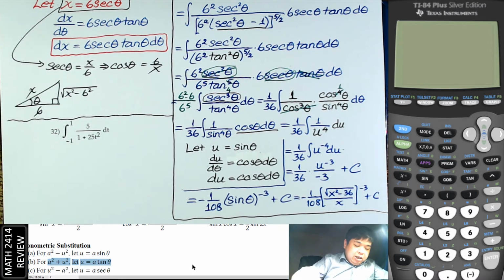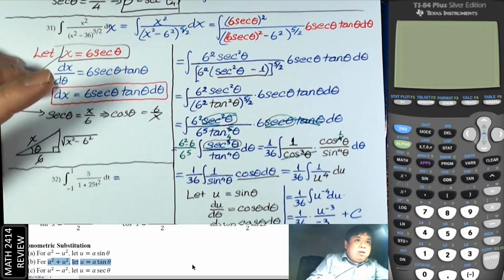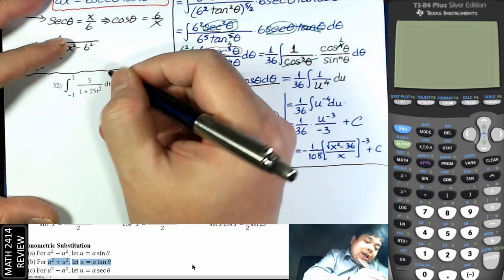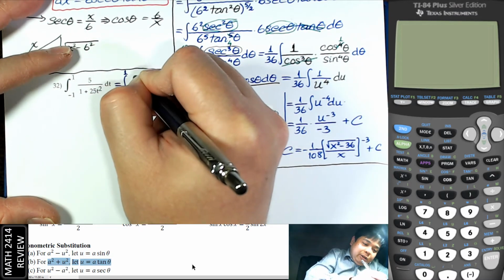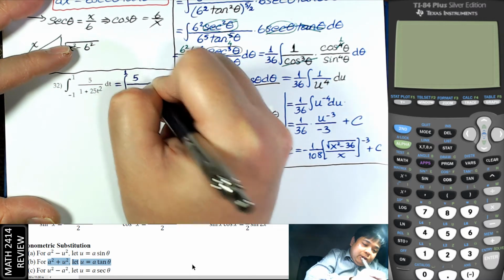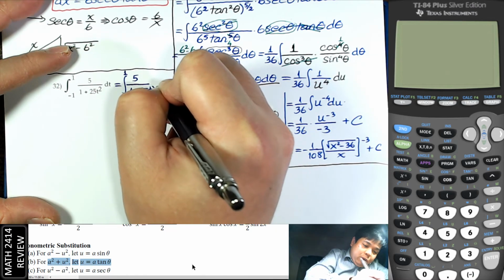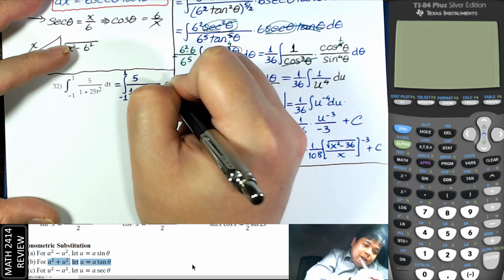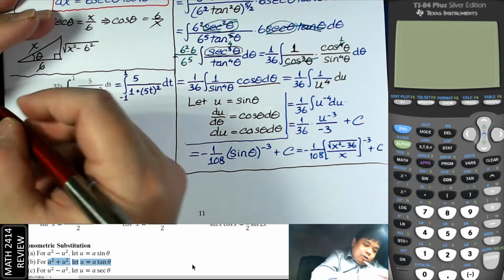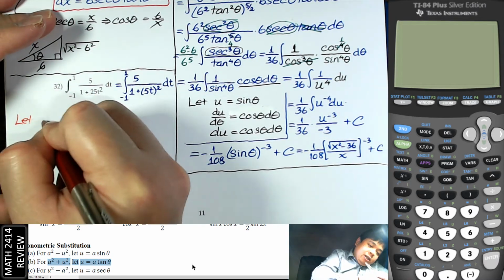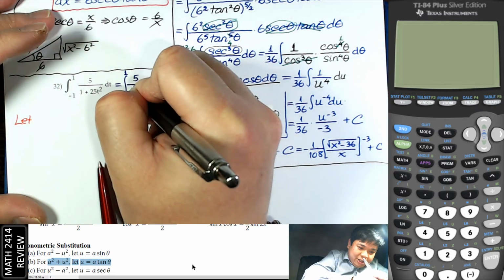Right, let's rewrite this, hopefully we have enough space for that problem. Negative 1 to 1, 5t squared dt.